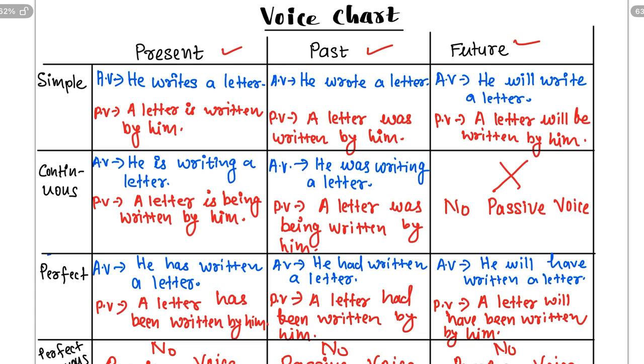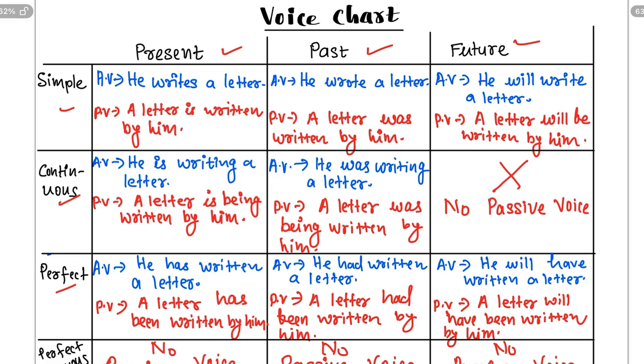And we all know each tense has four subtypes, for example simple, continuous, perfect and perfect continuous. So all in all, there are 12 tenses: simple present, simple past, simple future, present continuous, past continuous, future continuous. Similarly, present perfect, past perfect, future perfect, and so on. So we will see how the sentences of all the tenses are changed into passive voice.